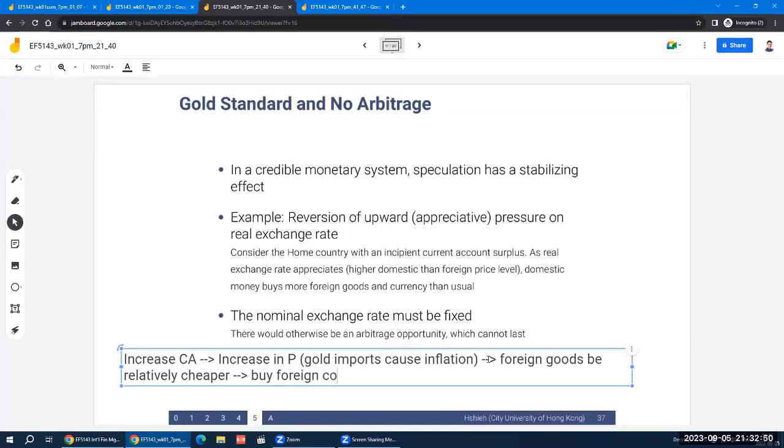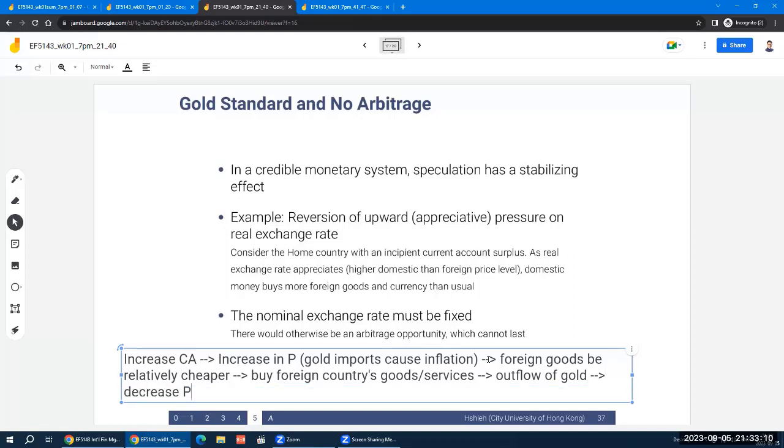So buy foreign countries' goods and services, which will cause an outflow of gold, right? And decrease P, and therefore decrease CA.